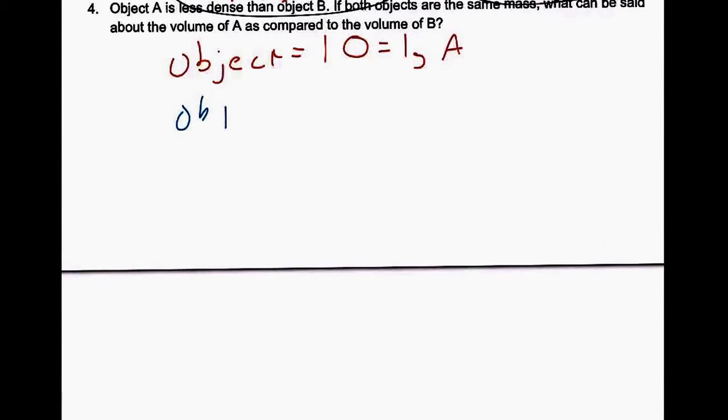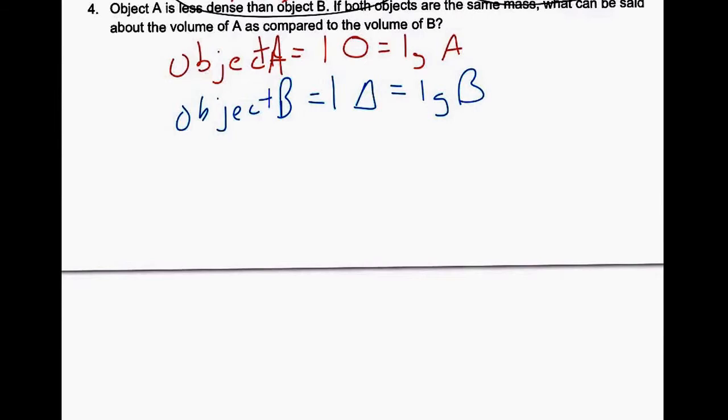So let's make object A be one circle is equal to 1 gram of A, and object B, one triangle is equal to 1 gram of B. So let's just say, for instance, we've got 3 circles of A, and that means we've got 3 triangles because they said they have the same mass.